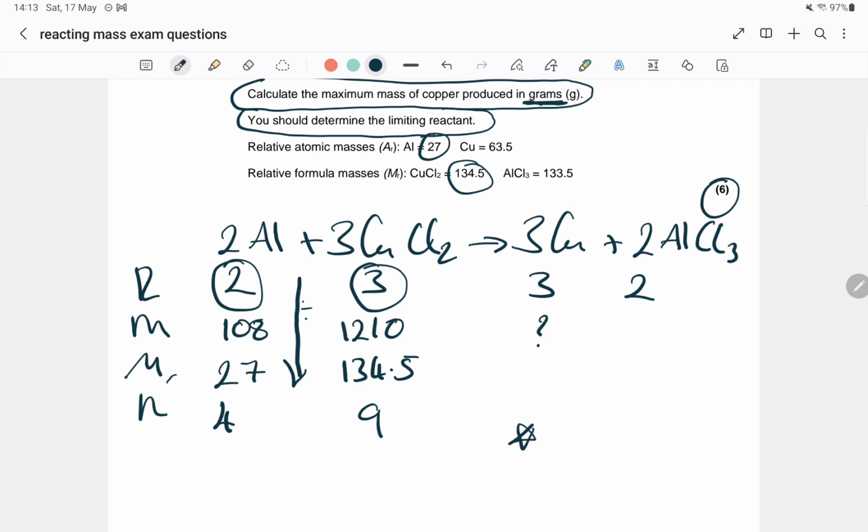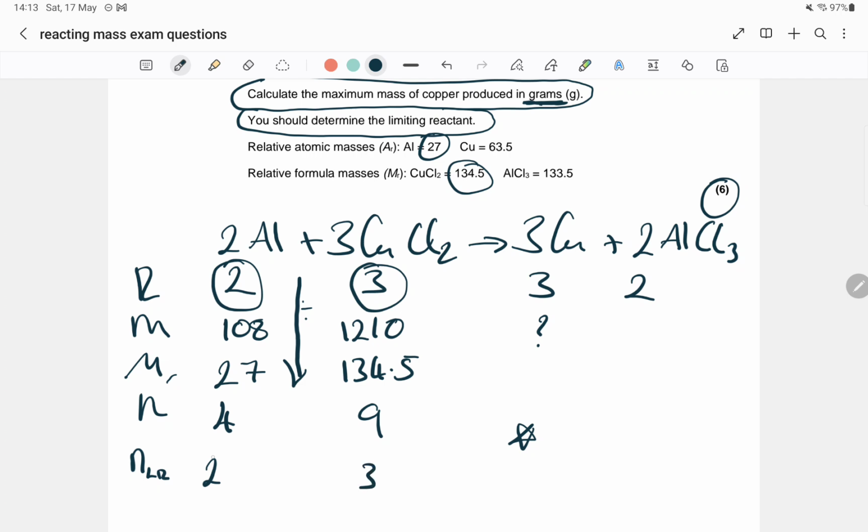So one way I can figure out which one is my limiting reactant is dividing both my moles by their ratio. And I normally just put this as NLR, for N limiting reactant. So 4 divided by 2 is 2, and 9 divided by the 3 is 3.